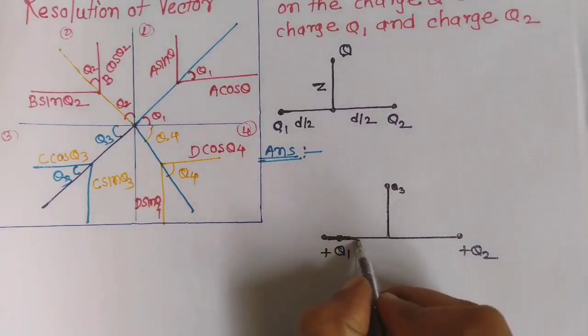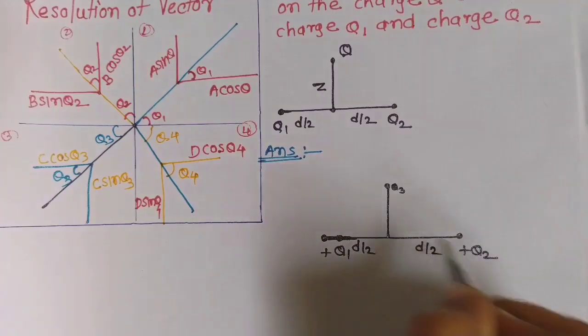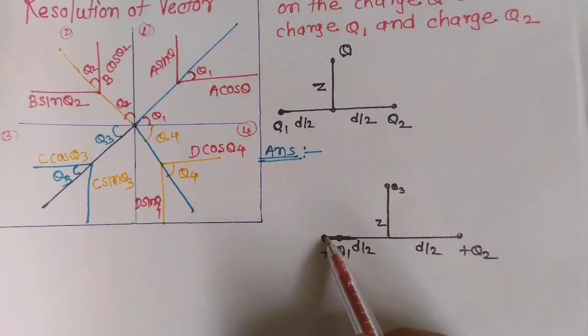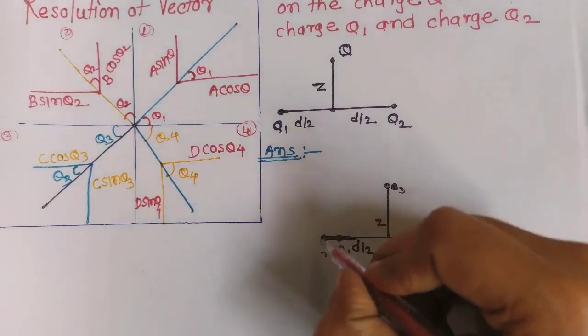This is charge Q, or Q3. From the center, the distance of charge Q3 is Z.